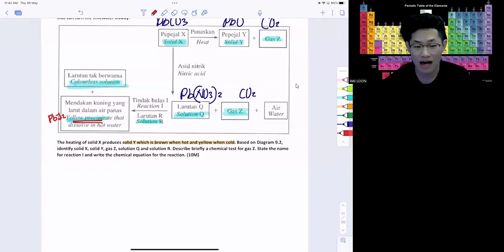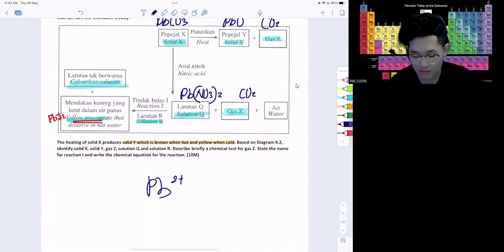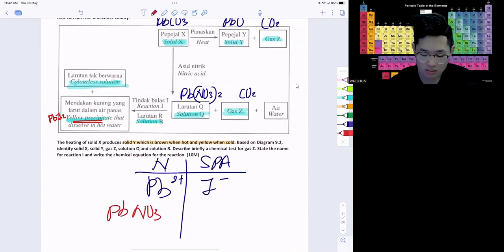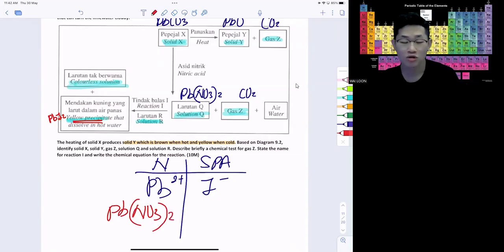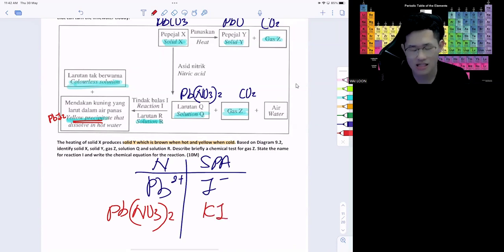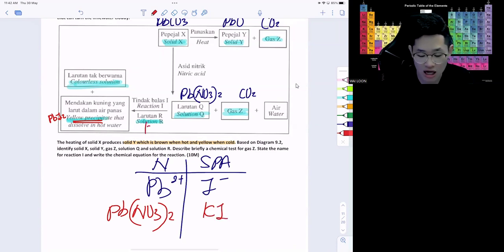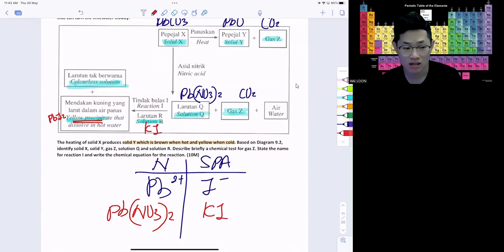To get lead 2 iodide, which is an insoluble salt, we use precipitation. So we get lead 2 nitrate, and we also get potassium iodide. So this solution R is potassium iodide. It can be sodium iodide as well.